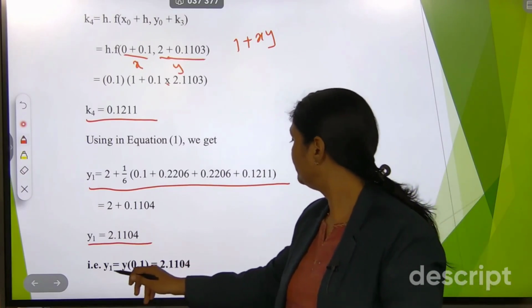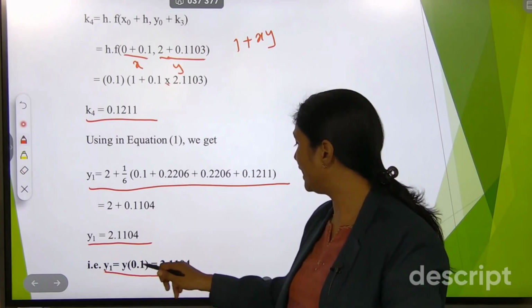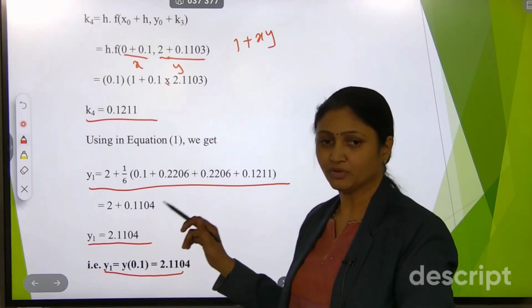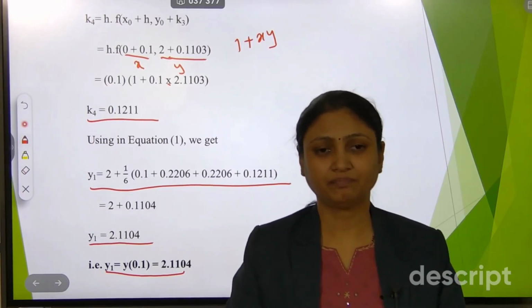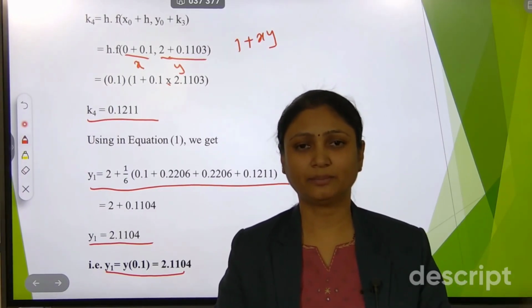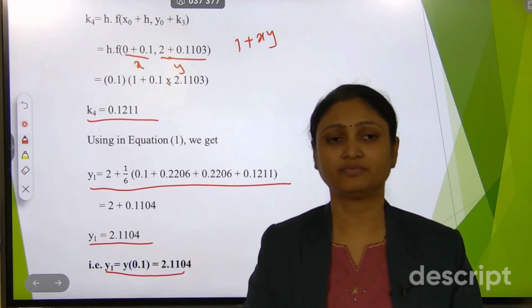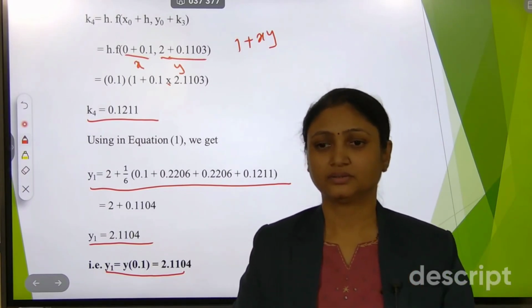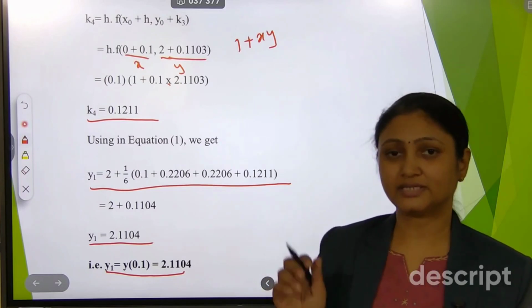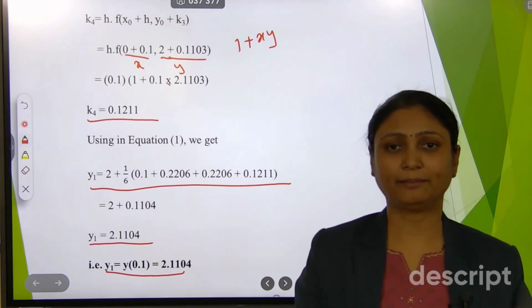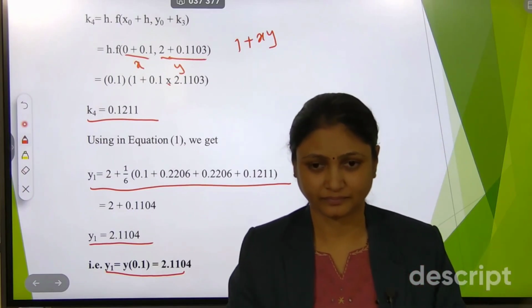That means we got the value of y1, that is y of 0.1 equal to 2.1104. So in this way, using Runge Kutta method of fourth order, we can solve ordinary differential equations of first order. You can solve more examples for Runge Kutta method of fourth order. Thank you.